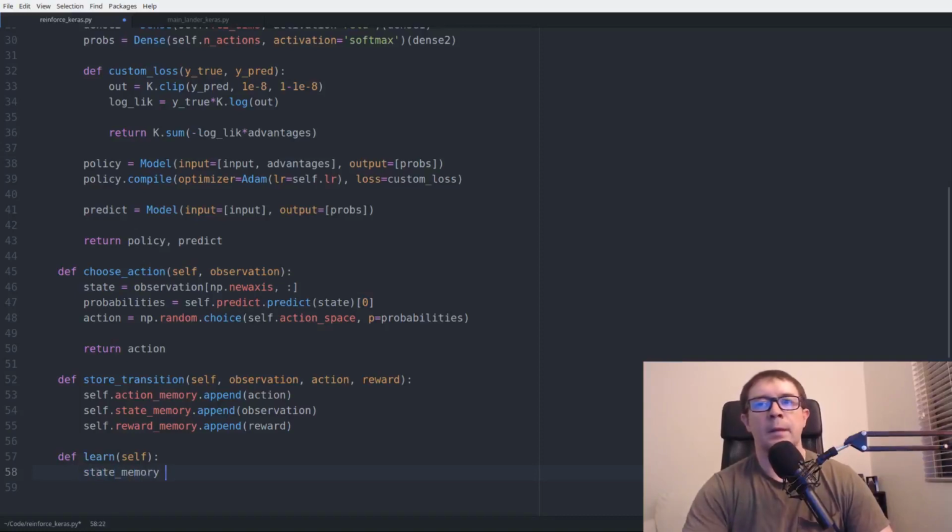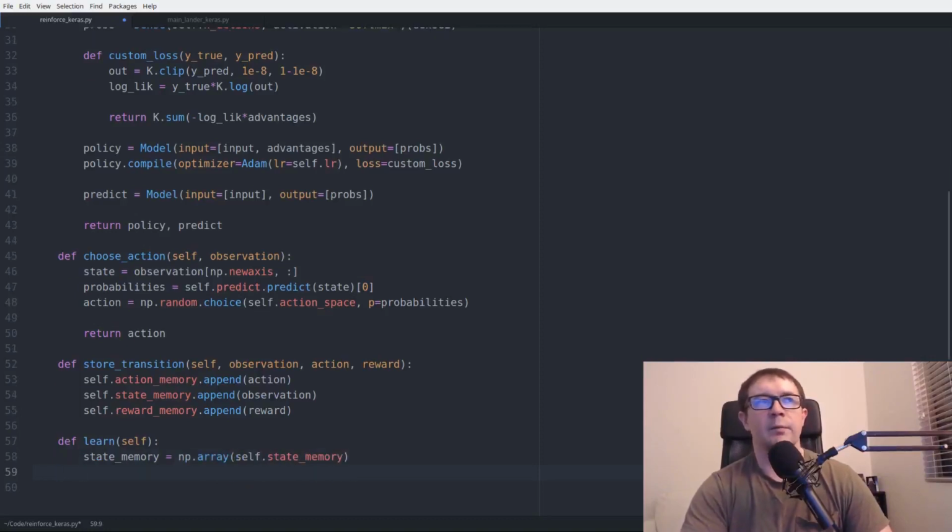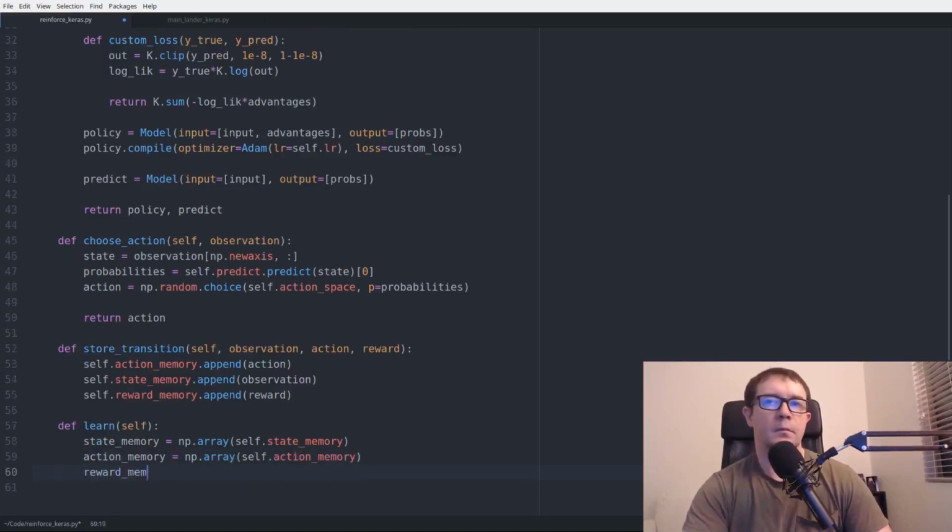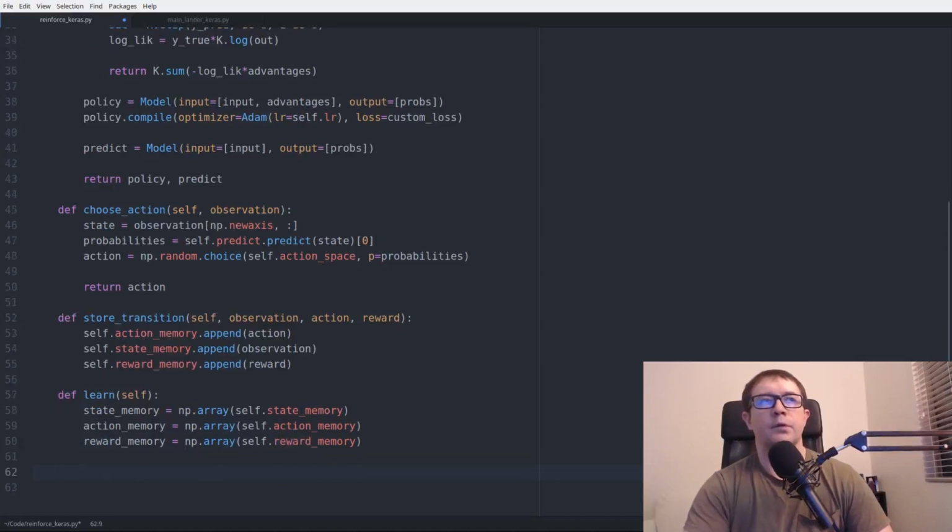State memory equals numpy array self.state_memory. We're just going to turn it into a numpy array to make life easy. Action memory equals numpy array self.action_memory. Perfect. Next, we have to take the actions and turn them into a one-hot encoding. So we can do that like so: actions equals numpy zeros, len of action memory, comma self.n_actions.